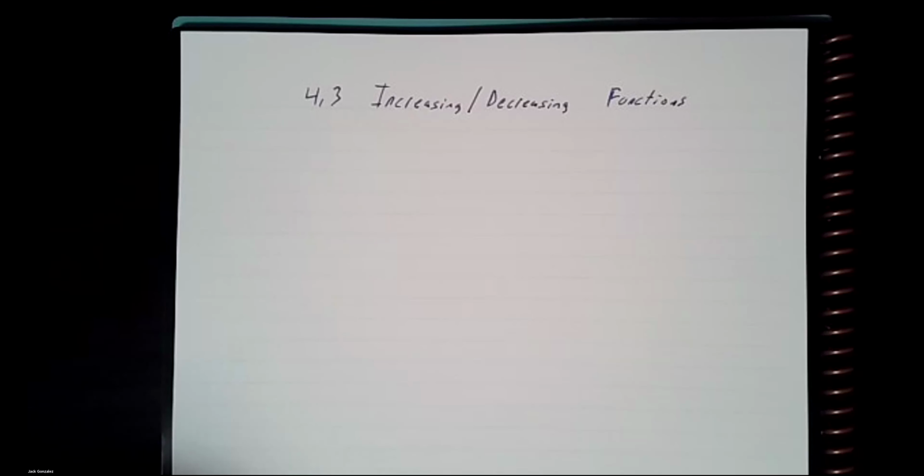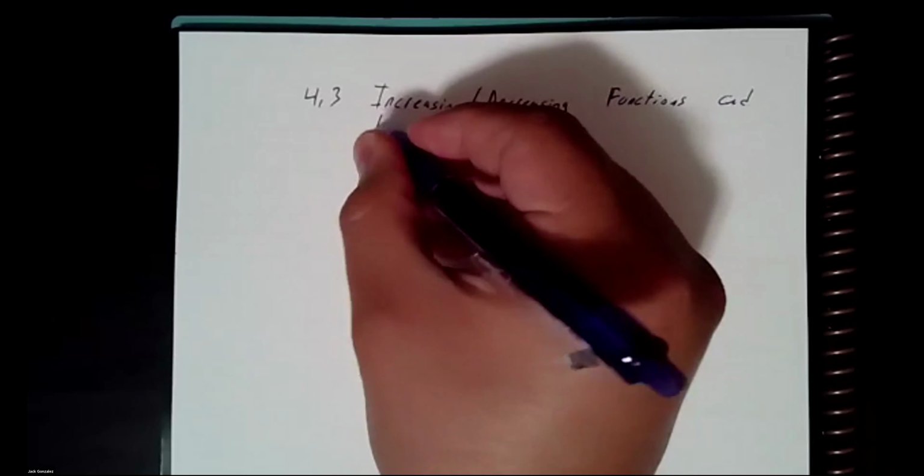Y'all remember increasing and decreasing from college algebra, for a function. And the first derivative test.